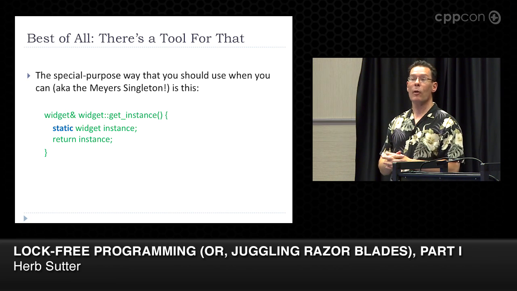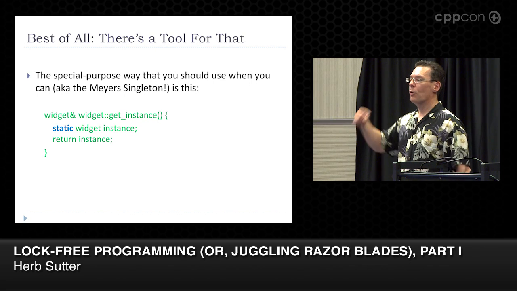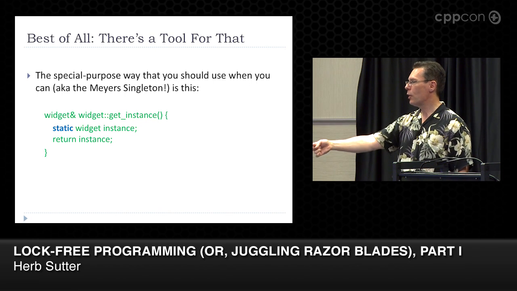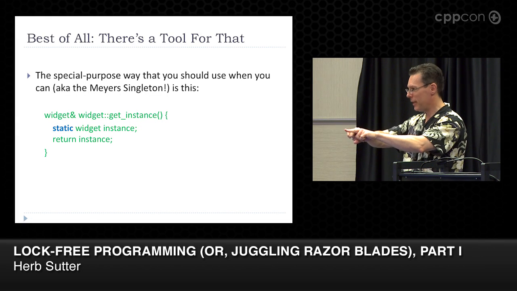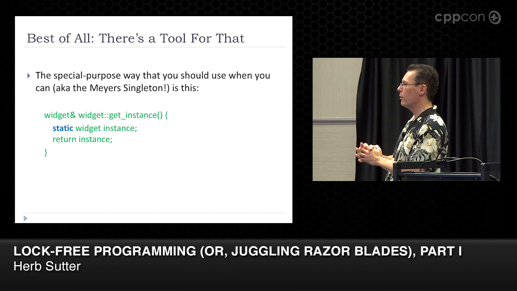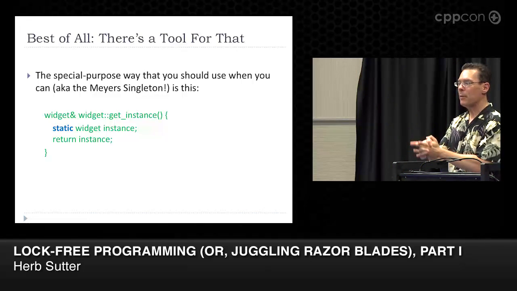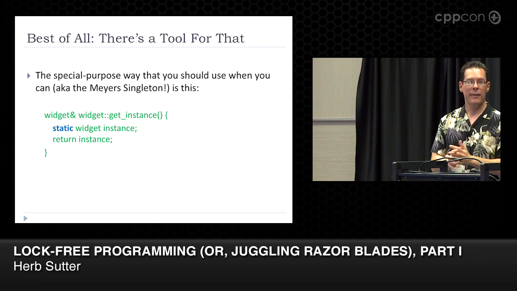We do double-check locking or something equivalent under the covers for you. You simply say static widget instance. You are guaranteed that it will be executed once and only once. If two threads come in at the same time, one will be before the other. They will be synchronized. It'll be initialized once, and you can just return the reference and you're done. Scott was happy about that because he published that years ago, and it works just fine in concurrent code.